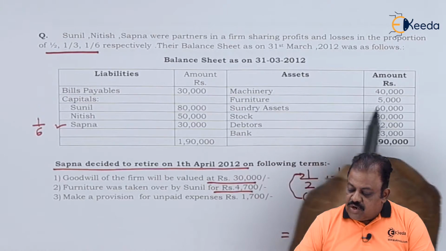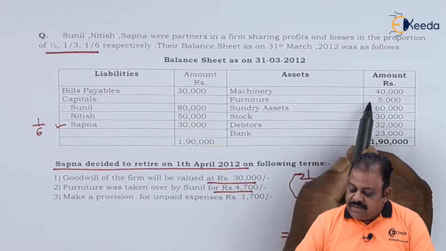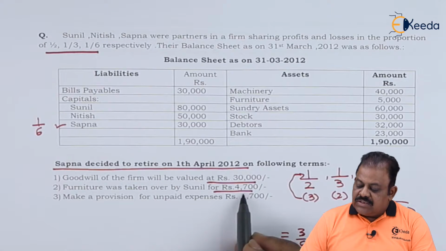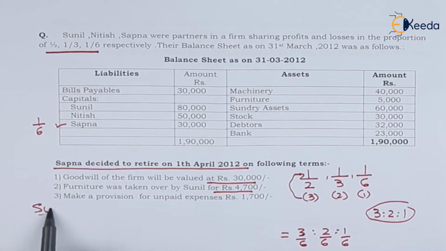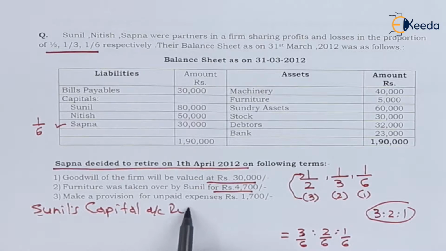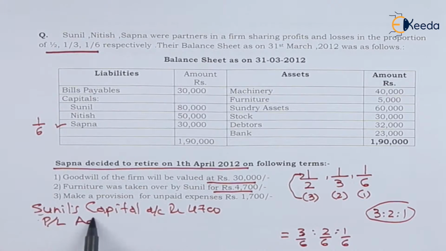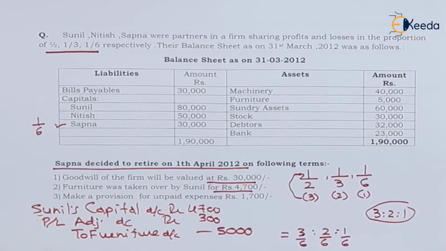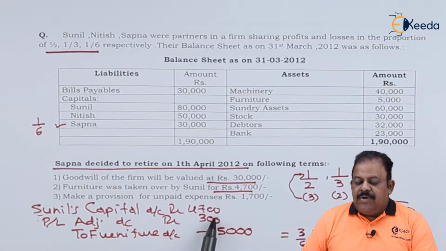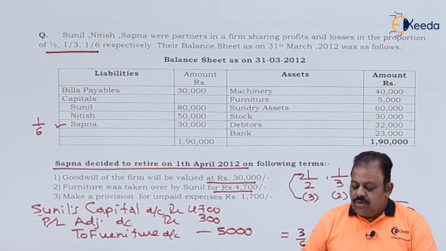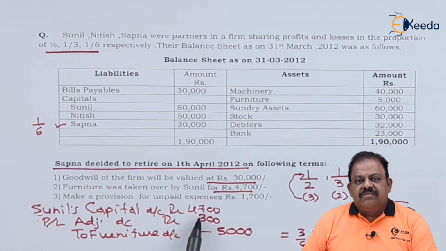Here furniture is of 5,000, taken by Sunil for 4,700. Sunil's capital account debit 4,700, profit and loss adjustment account debit 300, to furniture account 5,000.